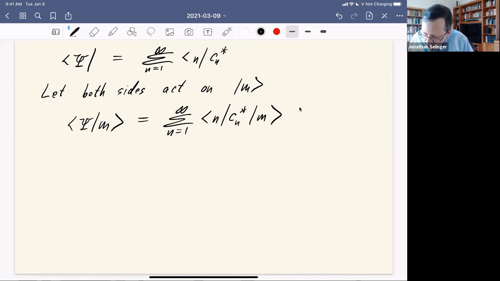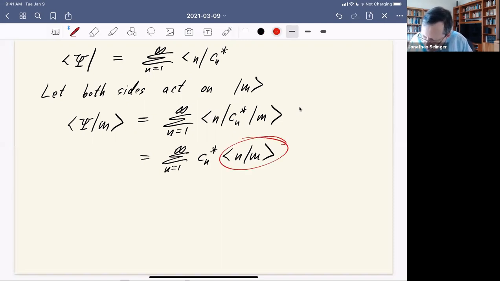The Cn's are coefficients, just numbers, so they can factor out. So Cn star nm, and this thing is the Kronecker delta nm.